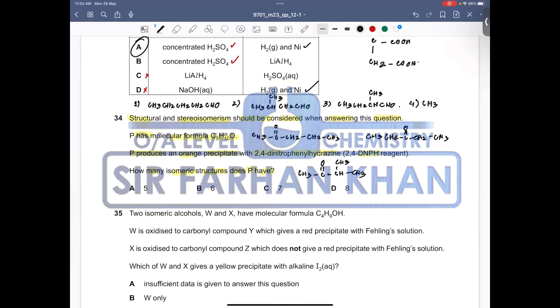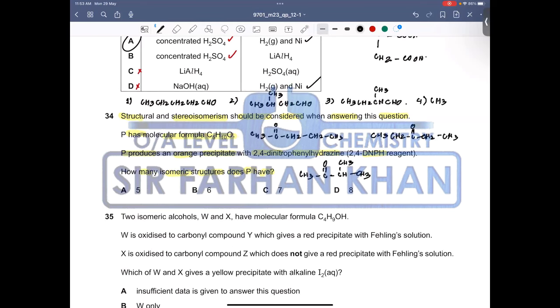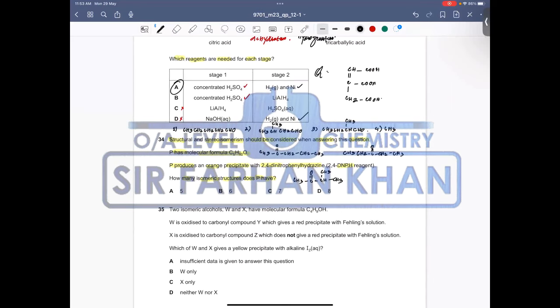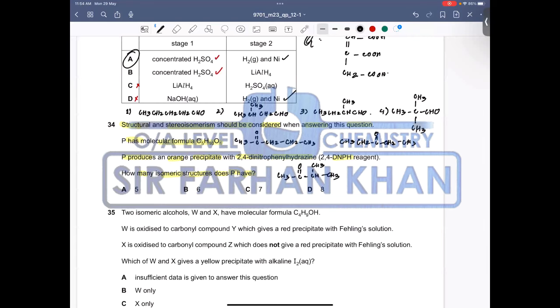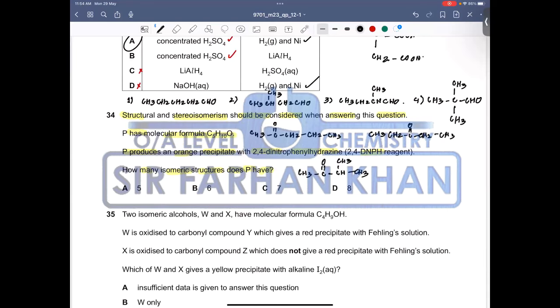CH3, CH3. This becomes CH3 after the shifting, and this will remain CHO. This is fourth. Fifth, sixth, seventh. Anything left? 7. Oh yes, I did only structural isomerism.